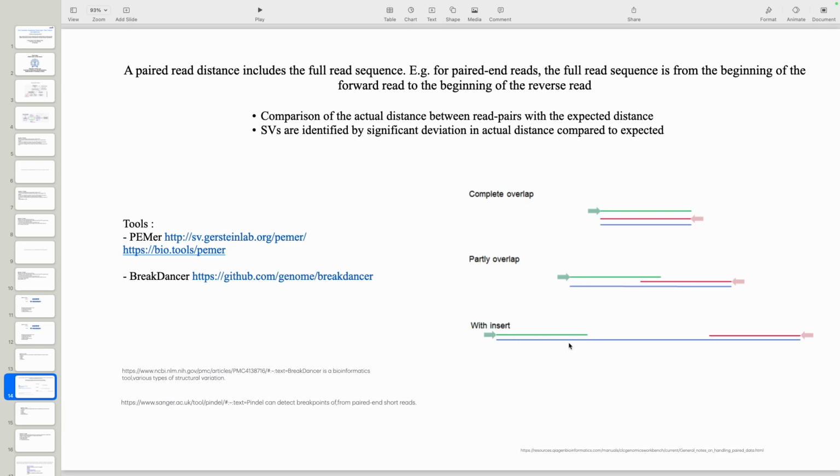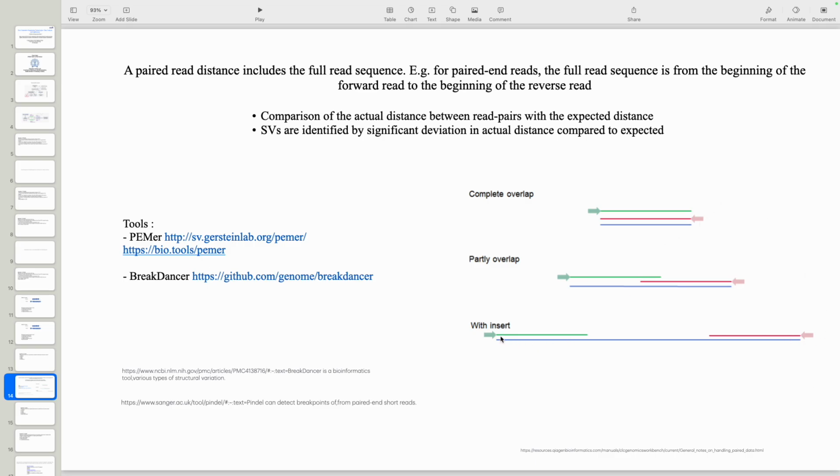So let's suppose this is our reference genome, and we have two sets where insertion has happened. This is our read 1, this is our read 2, and if we compare this with the reference, we can see there is a huge difference in the distance between these two.